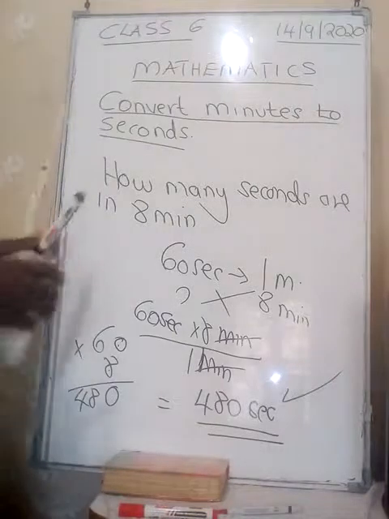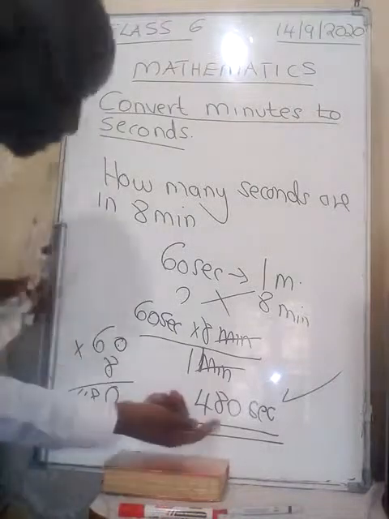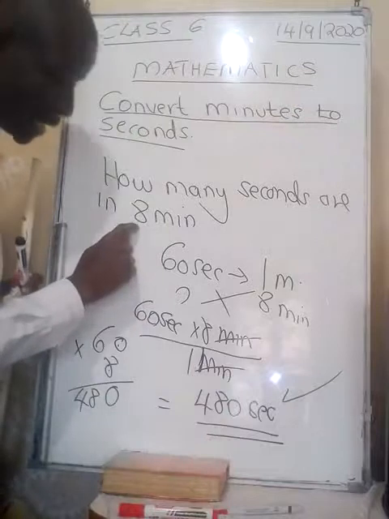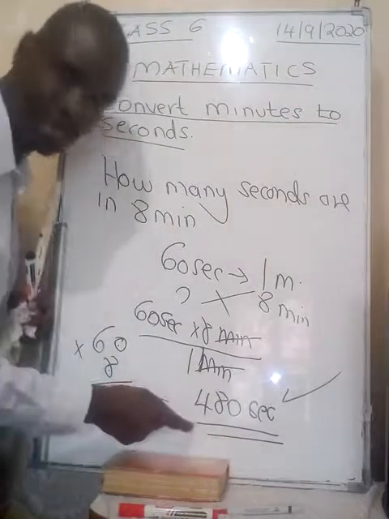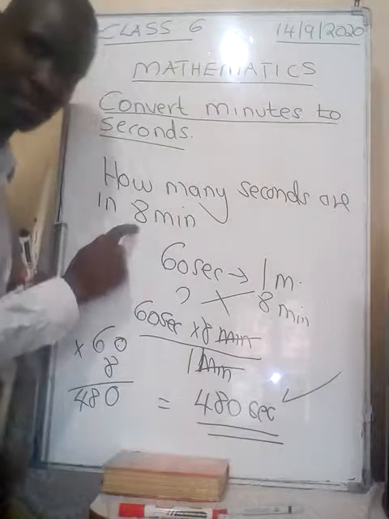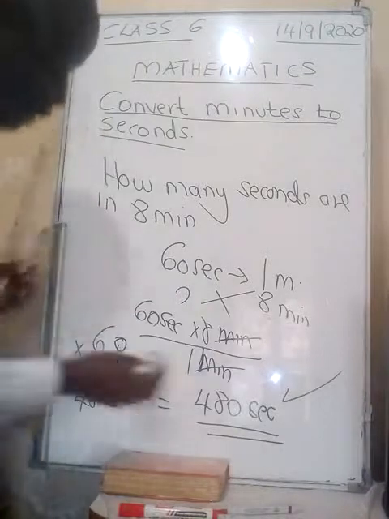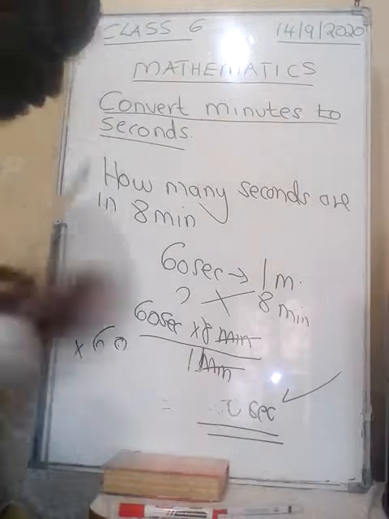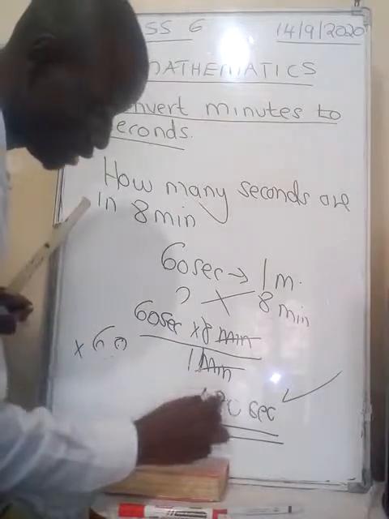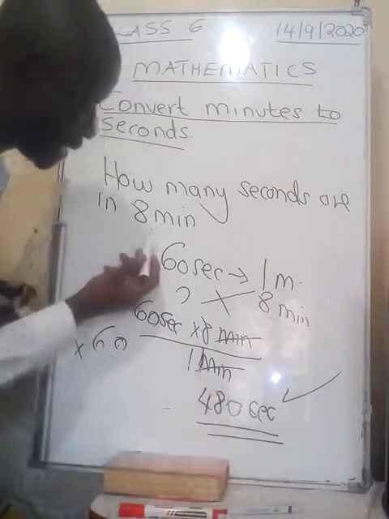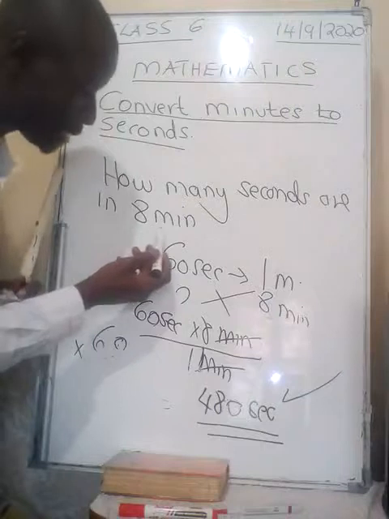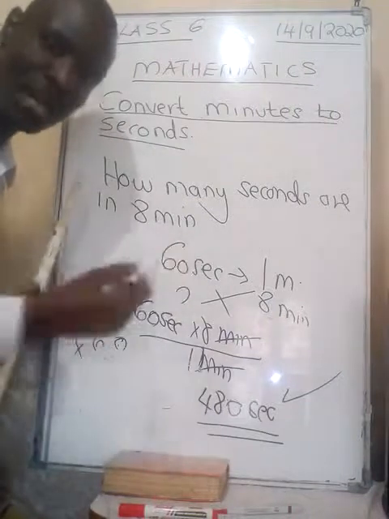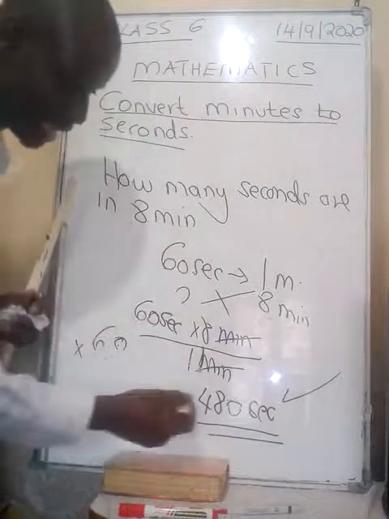Those are the seconds we can get in 8 minutes. So let's look at that. You can see these 480 seconds are 8 minutes. Minute is a bigger unit, of higher measurement compared to seconds.